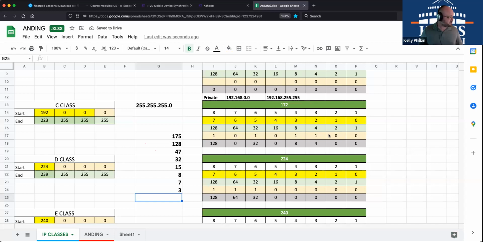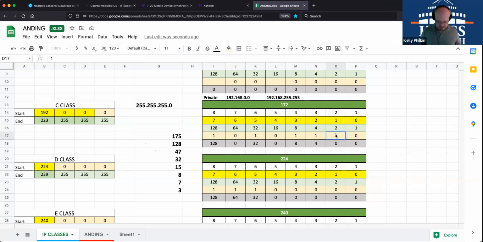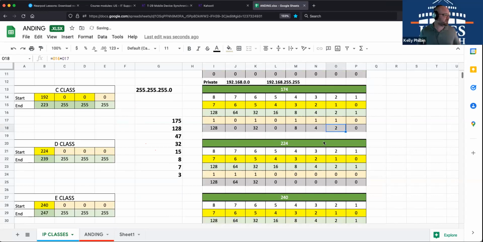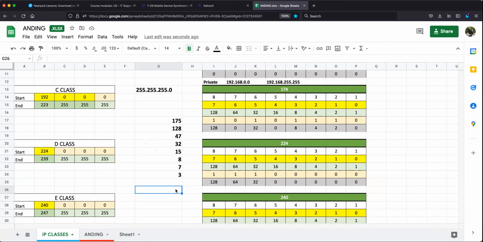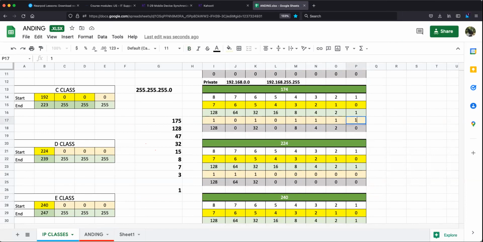Now, can we subtract 2 from 3? Yes. What do we do? We put a 1. And what do we do when we subtract 2 from 3? What's left? We have 1. Can we subtract 1 from 1? Yes. We put a 1 there, right?